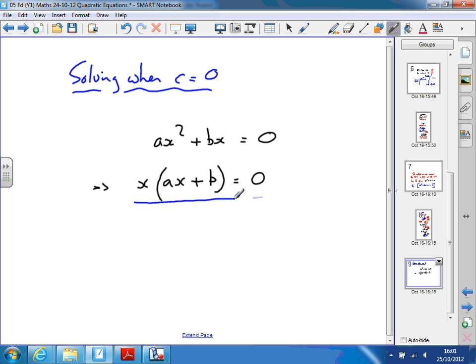And so, if x was 0, it wouldn't matter what the bracket was, the whole lot would be 0. So, in this case, one solution is x equals 0.